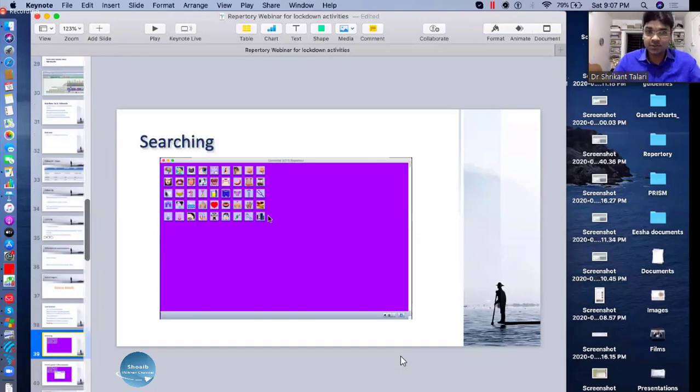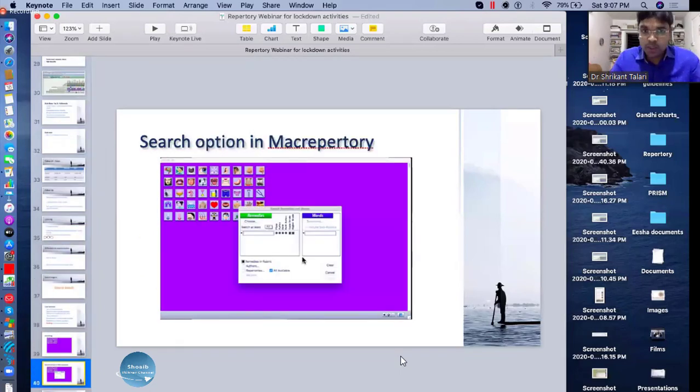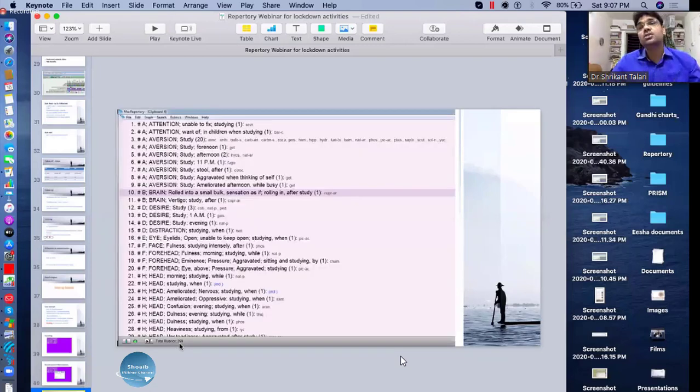If you open the search function, you see this window, and here in the word section, you type the word. So I typed here study and I said search all repertories and all rubrics, from the whole list of repertories that Mac Repertory has, which have the word study in it. So I search for all such rubrics and I get a whole list of symptoms. There are around 299 such rubrics.